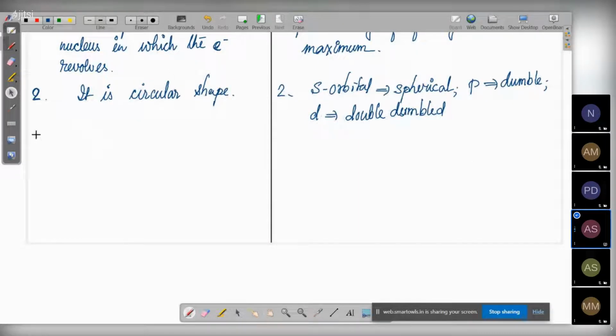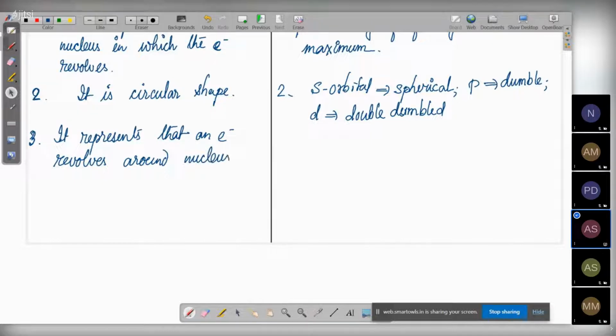Now, what does an orbit represent? It represents that an electron revolves around the nucleus in a circular plane, or in one plane, a two-dimensional concept.